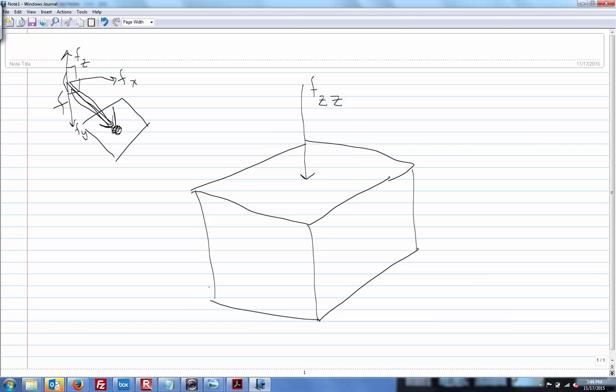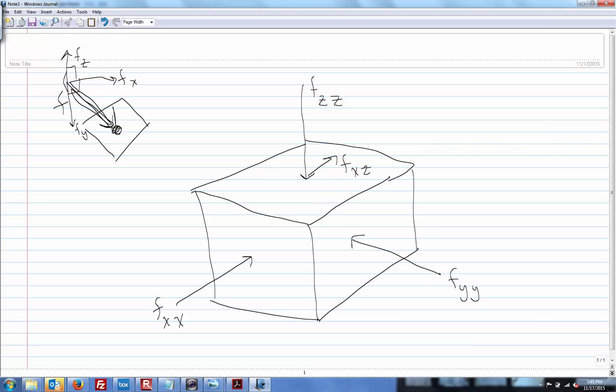I could also have another force acting over here. It's a force acting in the X direction on the X face. You can have another one over here, a force acting in the Y direction on the Y face. Okay, I just told you force is a vector, so it's got three components. So you can also have a force acting in the X direction on the Z surface.